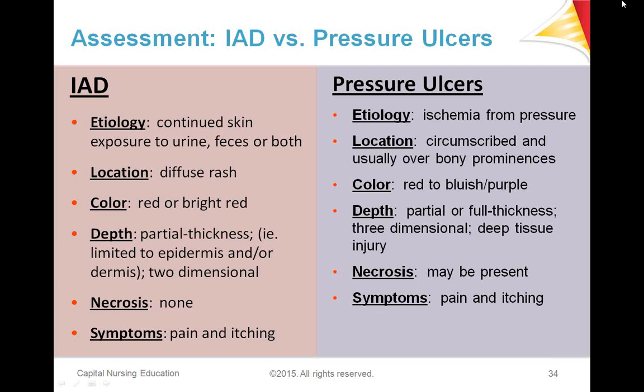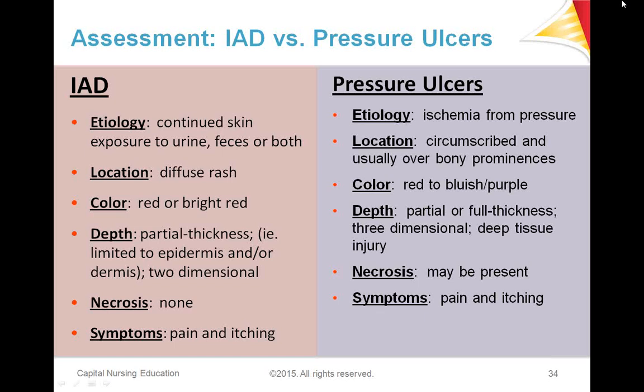There would be no depth associated with these. Whereas in pressure ulcers, they can be partial, but they also frequently are full-thickness wounds, and they extend through the dermis into the subcutaneous layer and structures under that many times and are three-dimensional. So those are really going to be the wounds that are going to have a depth.